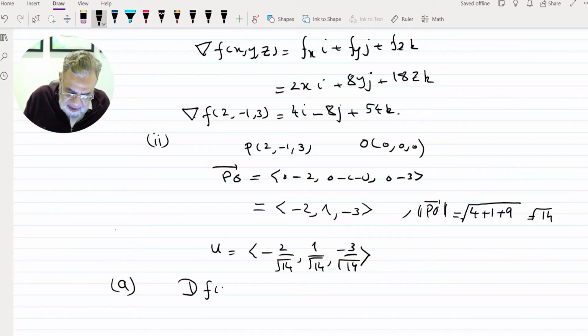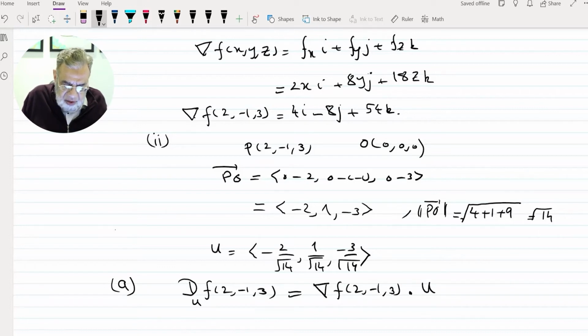Now I can write my part A: the directional derivative of the function at the point 2, minus 1, 3 in the direction of the unit vector u is the gradient of the function at the point 2, minus 1, 3 dot product with u. So I take the gradient and the dot product. My gradient is 4, minus 8, and 54.